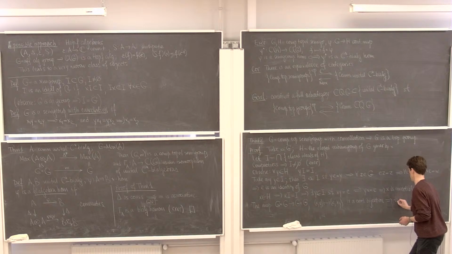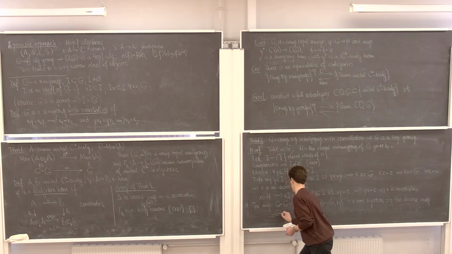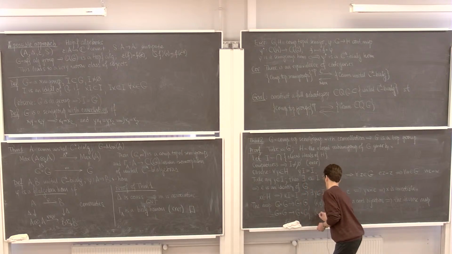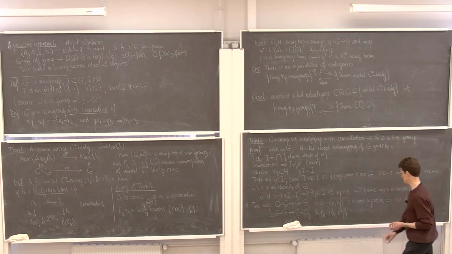And this implies that the inverse map, which is given by the following explicit formula, it takes (x, y) to (x inverse, y). So this map is continuous.